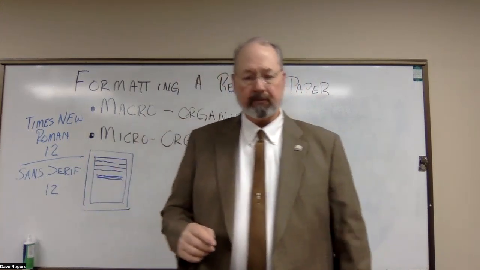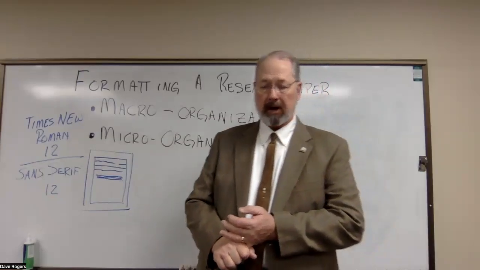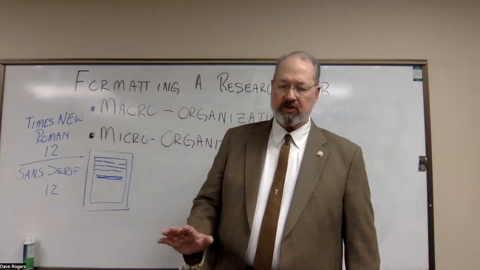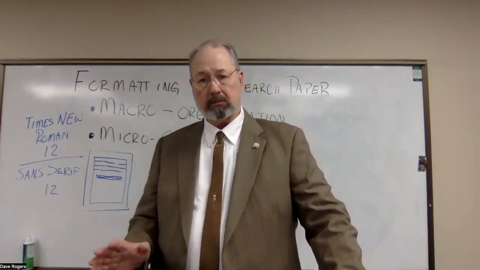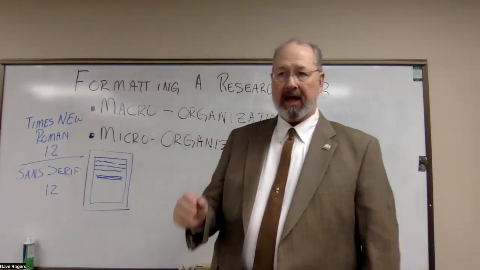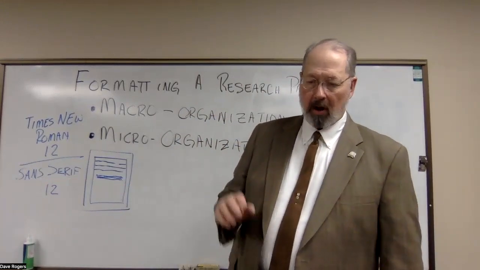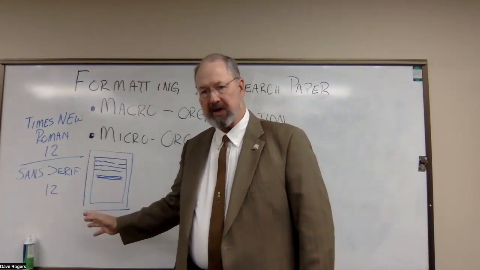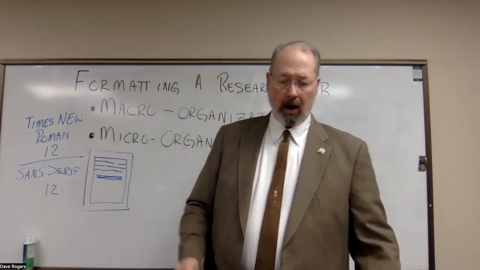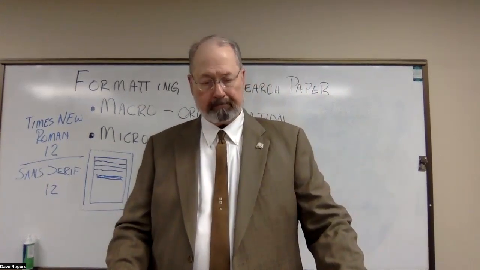Number 3, so you got your margins 1 inch all around. Everything is double spaced one side of the page only, except paragraph length quotations that are indented 1/2 inch and single spaced, all typed in the same font, all printed on one side of the page only.